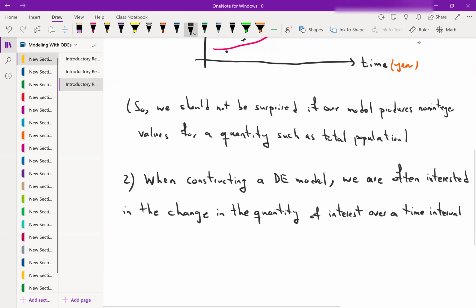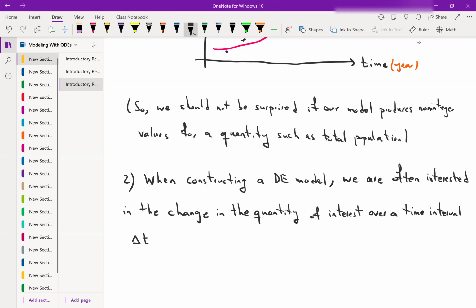Why is that? Let's say that our quantity of interest is S. It's a function of time. S as a function of time is the quantity of interest. And then why should we be interested in the change in S over an interval delta t? The reason goes back to the definition of derivative.